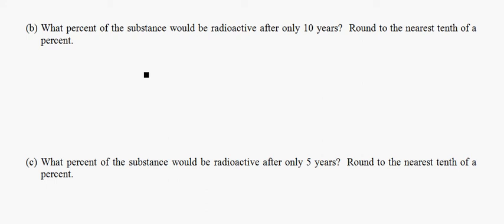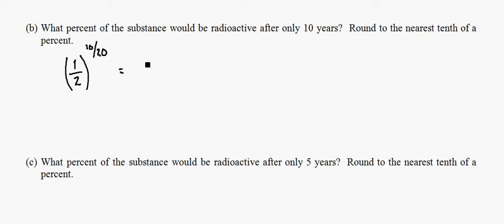Much trickier, because again, a lot of people will slip into this bad thinking that it is somehow an additive process. They'll say after 20 years we've lost 50%, so after 10 years we will have only lost 25%, so 75% will be remaining. And that's not true. The way to look at it is, again, I have 1/2, but here I'm raising it to the 10/20s.